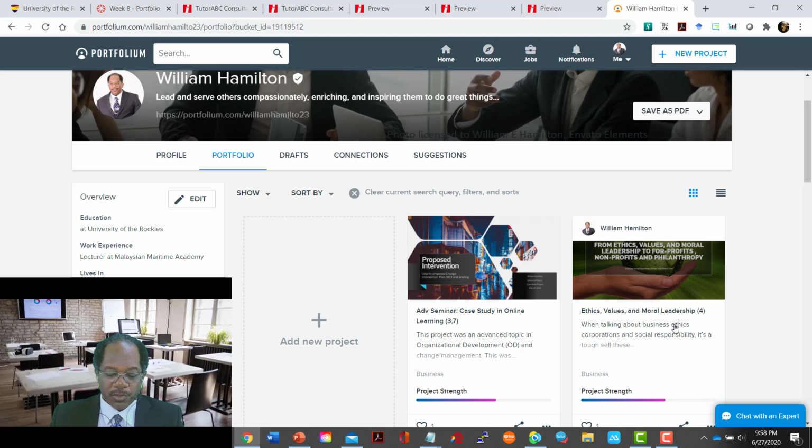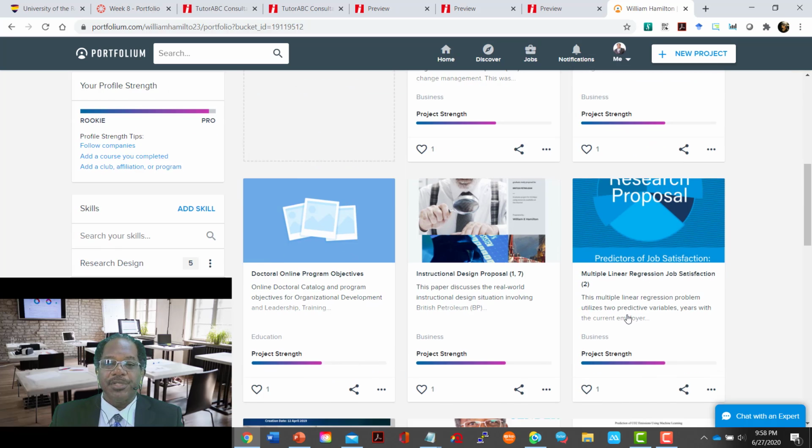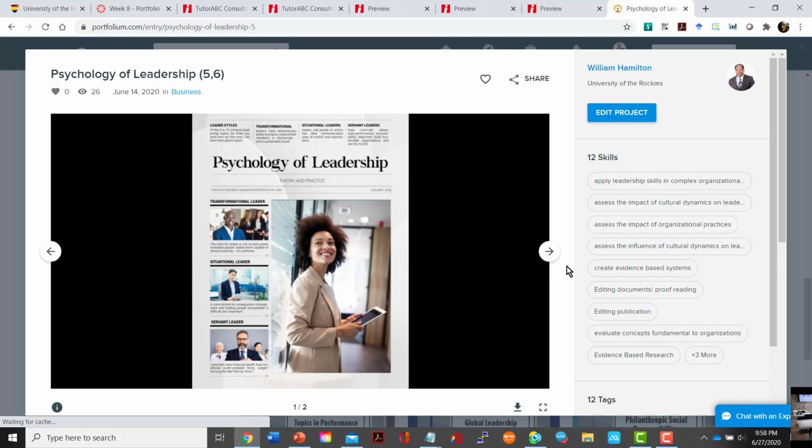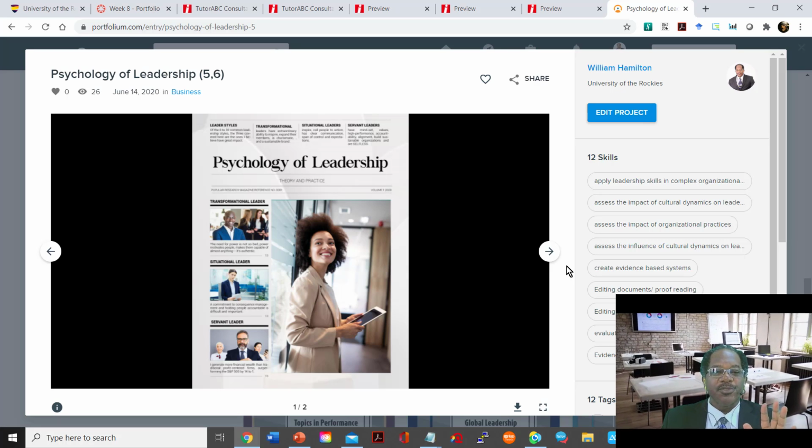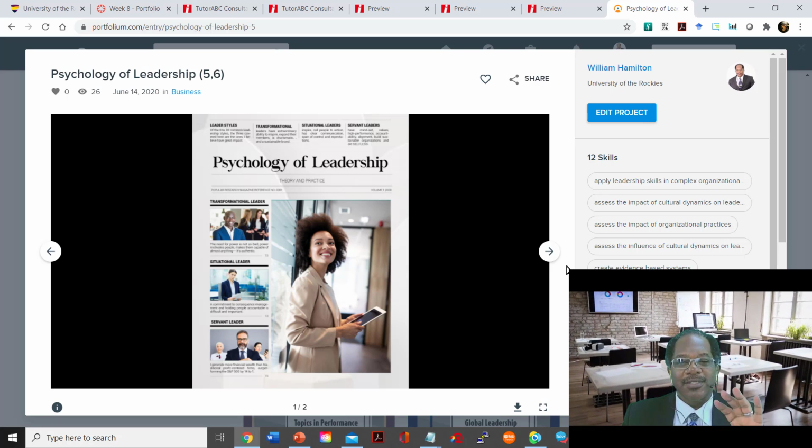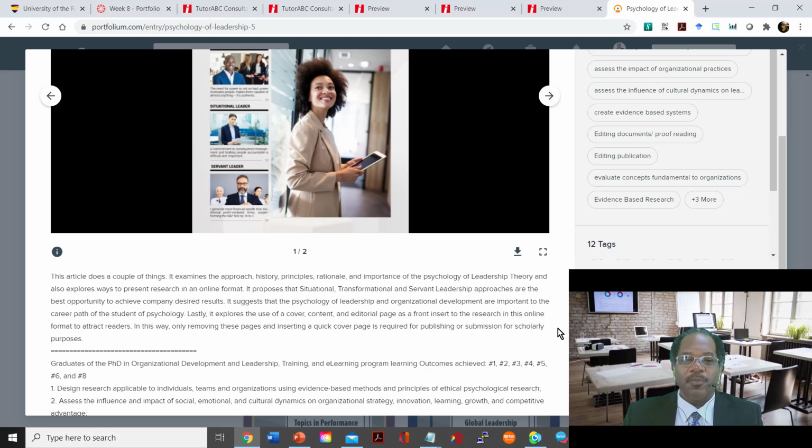So for this one, I decided to highlight the psychology of leadership. The cover here is actually a 3-page intro, like a magazine cover, just for the 3 pages. Again, you could take that page off and just put an APA style cover sheet, but it's no accident that there's a woman there and a minority here. It's an interesting read. For this article, it does a couple of things.